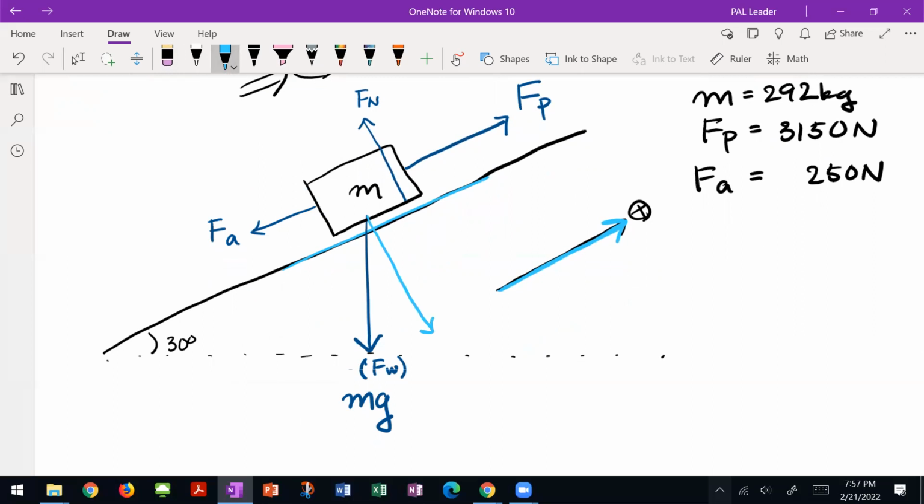Remember, we want to be perpendicular with our coordinates, our 0. You can draw this arrow from either here or here, start to finish. It doesn't matter which way. I just like to keep my arrows originating from the mass. It's just preference. Do what works for you. Okay, there we go.